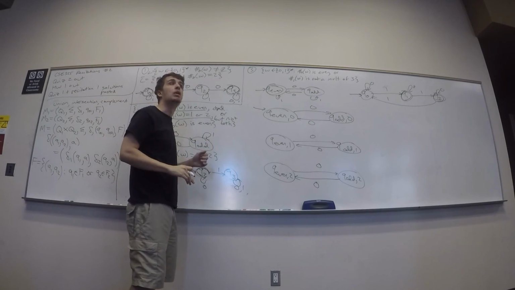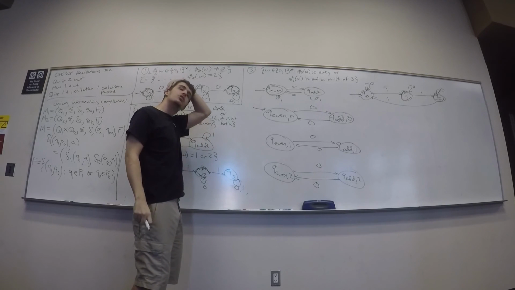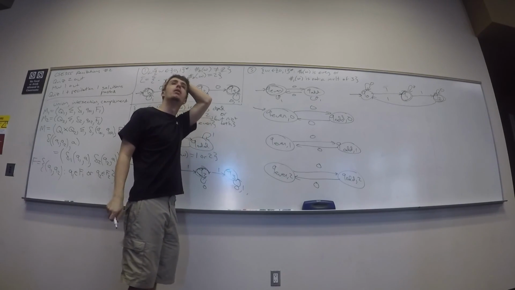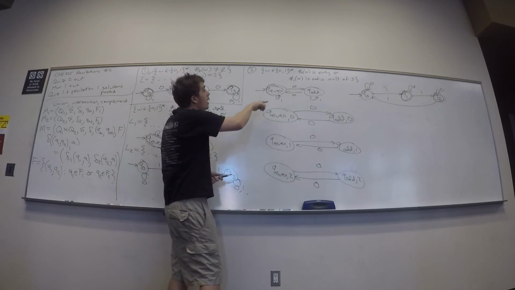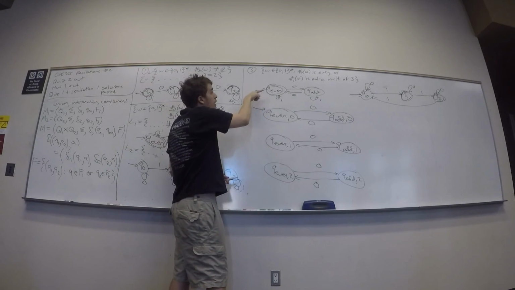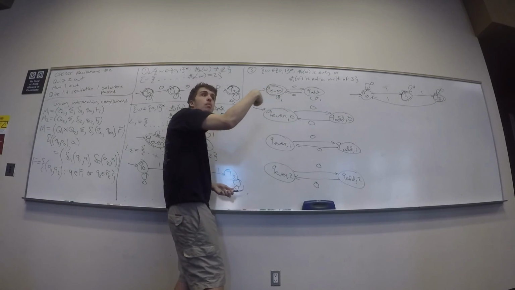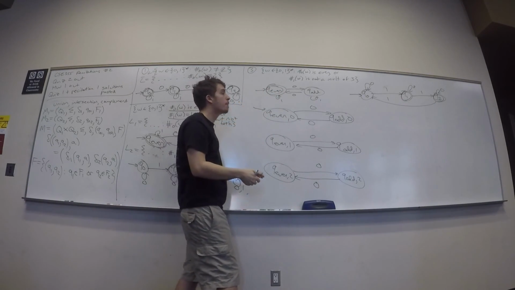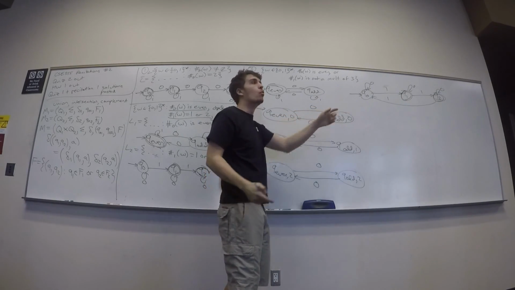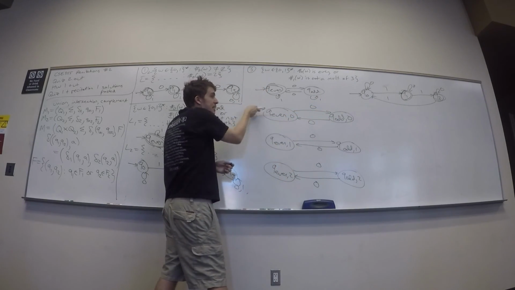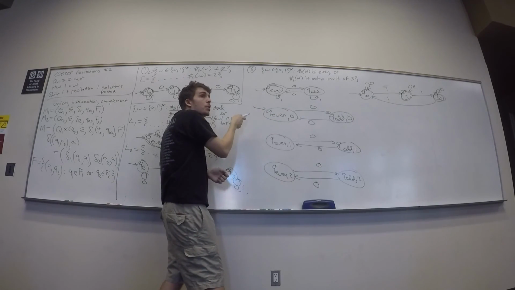Now I got to figure out where the 1 transitions go. So where do you think the 1 transitions go? Down. Oh, they go down, down, down, right? So Q even and Q odd both loop on 1, right? And the Q0 always goes to Q1 on input 1. So where do you think these two states in the 0 row are going to go on input 1? Just down.